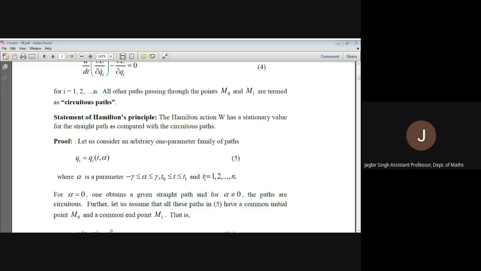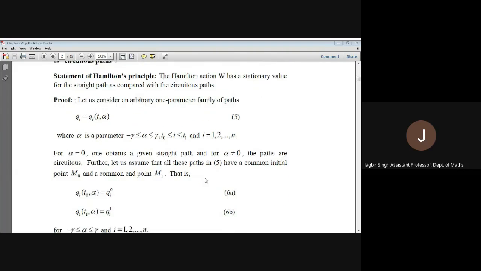For that, we assume a one parameter family qi equal to qi(t, alpha). Why do we introduce this alpha? Because due to alpha, the paths will change. We assume that when alpha is equal to 0, the path is the straight line path, but when it is non-zero, the path obtained is a circuitous path.